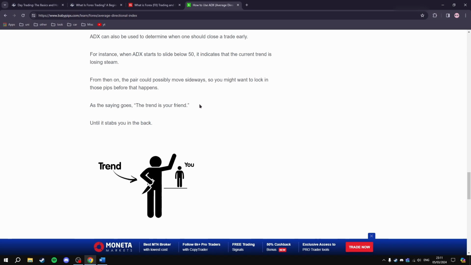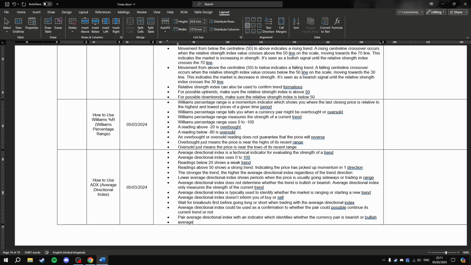ADX can also be used to determine when one should close a trade early. Average directional index could also be used to determine when to close a trade by looking at its value.